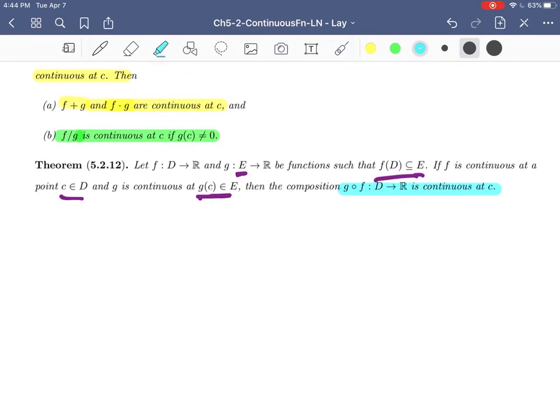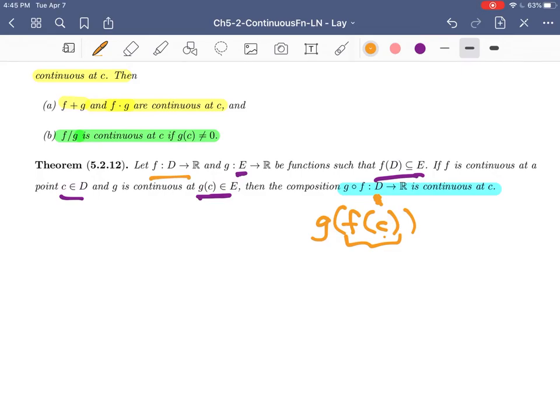So let me maybe just jot a couple things down here real quick, right? So notice that this is g of f of C is what we're thinking about here. So we're starting here, so this point C is going to be acted on by f. So we have the function f evaluated at C. So that value C has to be in the domain D in order for the function f to make sense.